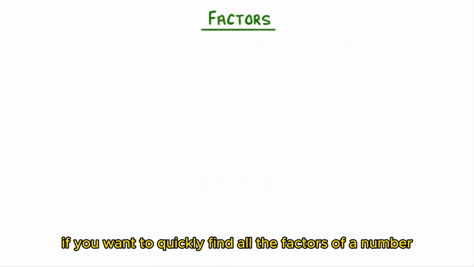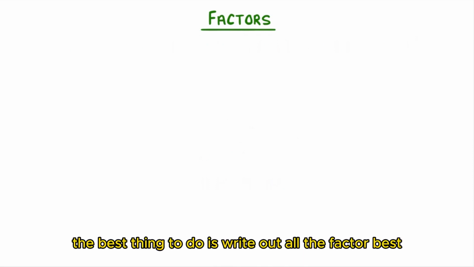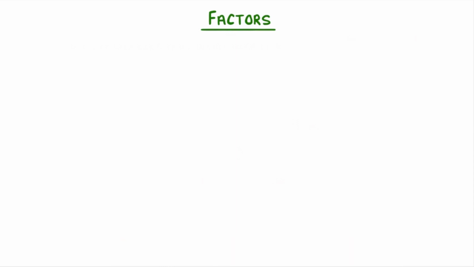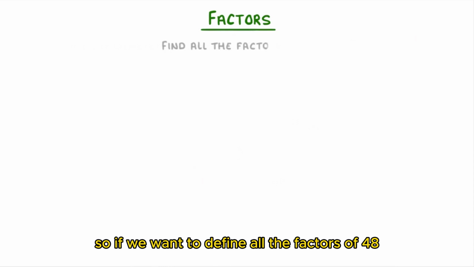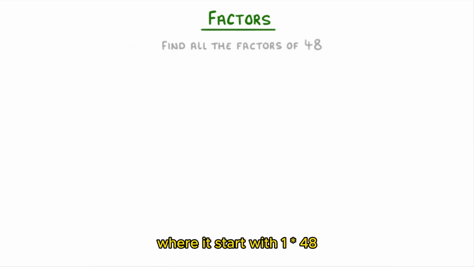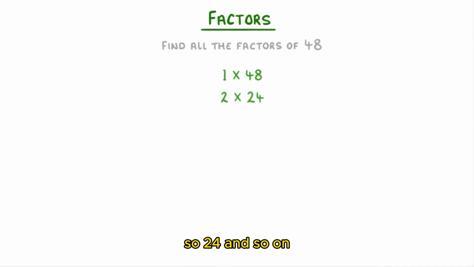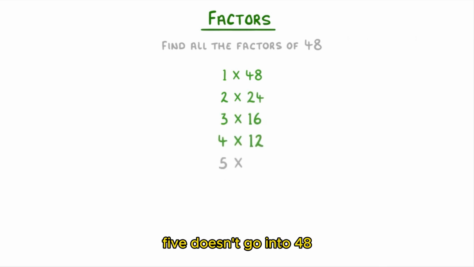If you want to quickly find all the factors of a number, the best thing to do is write out all the factor pairs, starting with 1 times the number itself. So if we wanted to find all the factors of 48, we'd start with 1 times 48, then do 2 times whatever factor is needed to make 48, so 24, and so on, with 3 times 16, 4 times 12. 5 doesn't go into 48, so isn't a factor.